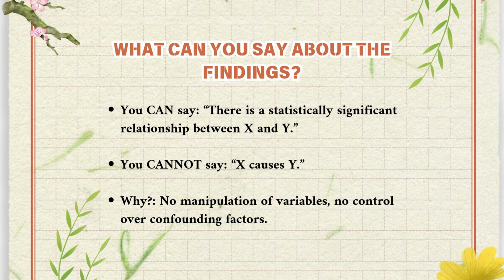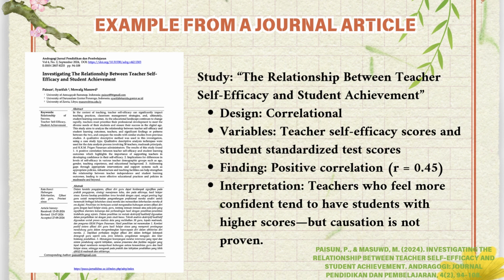Maybe students who are more motivated both attend class and study harder, or maybe students with better support systems are more likely to show up and succeed. We don't know the direction or the underlying cause in this, so we cannot say X causes Y. We can just say that there's a statistically significant relationship between X and Y.